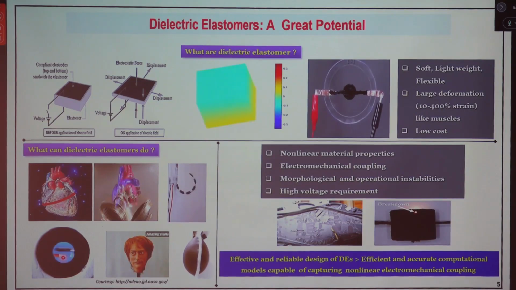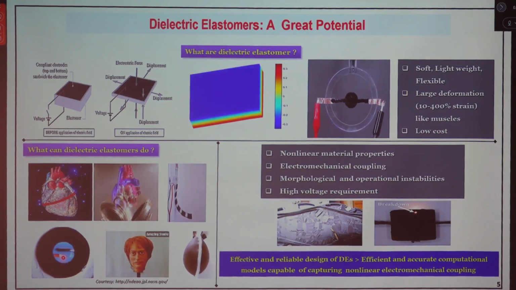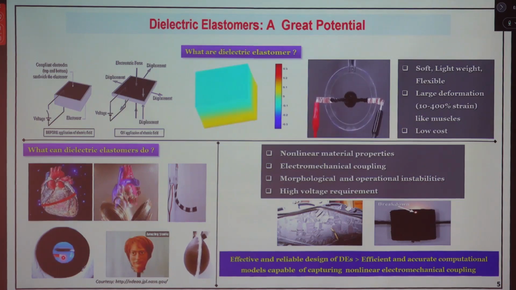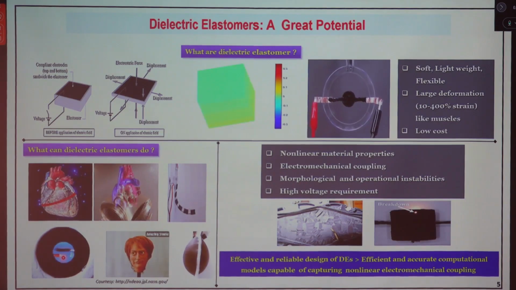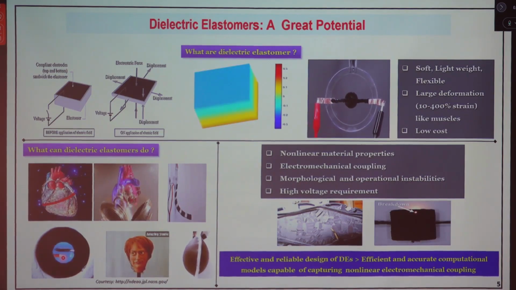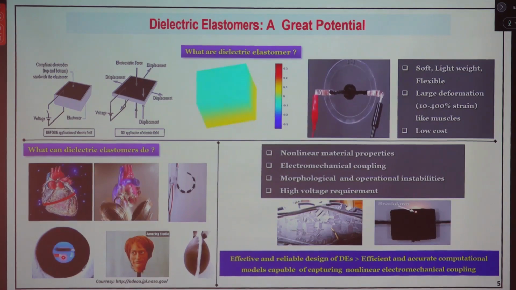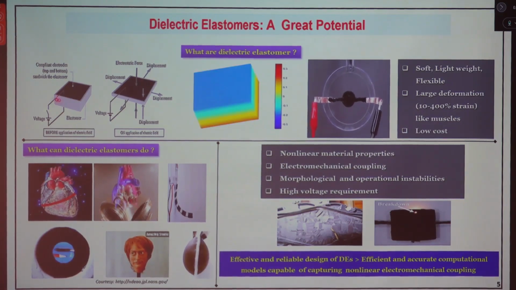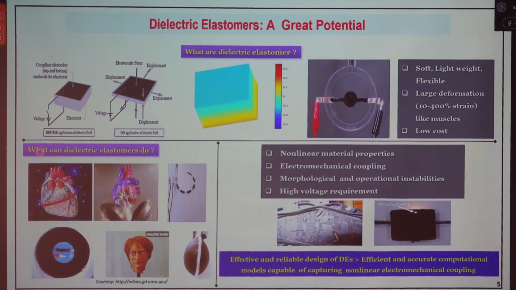Now we are coming to the third question: how? When we want to implement something in an application, the first thing that comes to our mind is what its limitations are, which we have to overcome. If we are able to overcome the limitations of something, we can implement it for different applications. This type of structure, like dielectric elastomer, exhibits very strong material non-linearity.